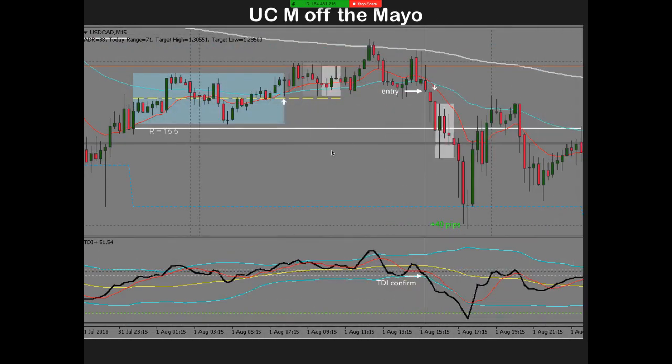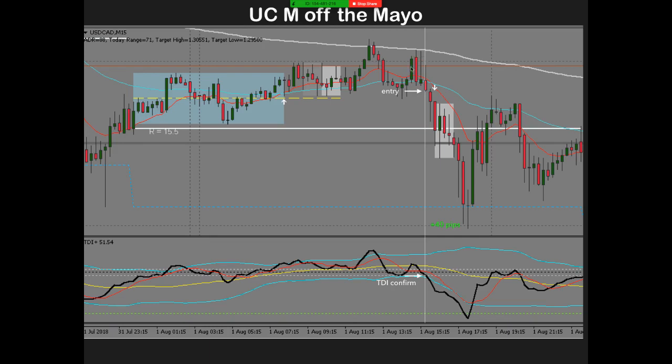Another one on UCAD. UCAD gave us a few good setups this week. This was a couple days after, August 1st. This was also FOMC day. Came out of the Asian box. Okay, as you can see here, 1 push, 2 push, 3 push to the Mayo. All right, that gives us our first leg. Shift candle trap. Come back down, close below, and then close back above.